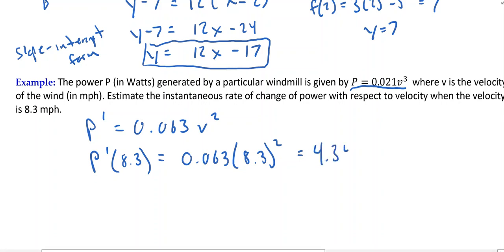Once again, I'm just going to check the arithmetic on that. I always want to make sure I don't make any silly arithmetic mistakes. That looks good. So that is the instantaneous rate of change of power with respect to velocity at 8.3.